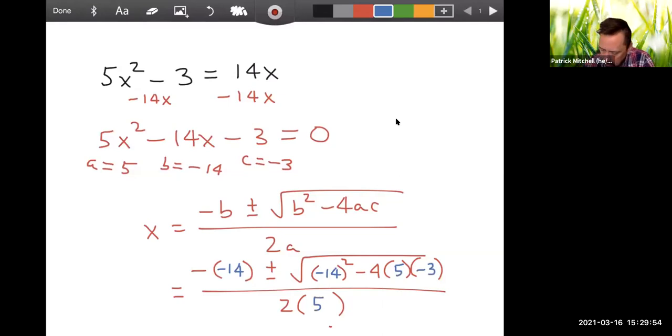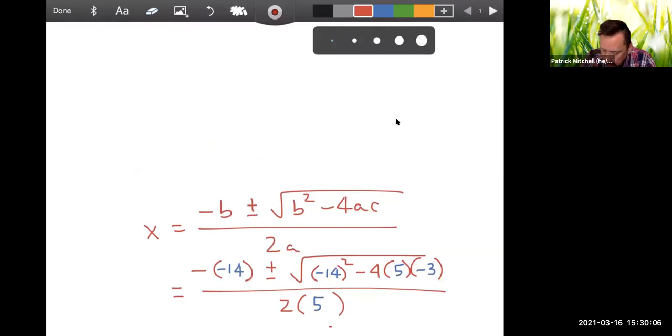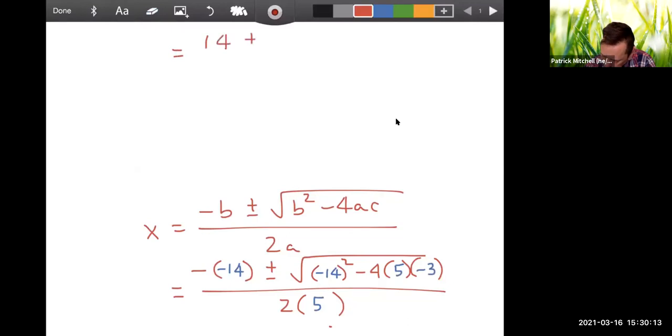All right, so I think what I'm going to do now is go up top and just continue up here, because I really don't feel like copying all that on the next slide. Okay, so negative 14 is 14 plus or minus the square root of the square of negative 14 is positive 196.